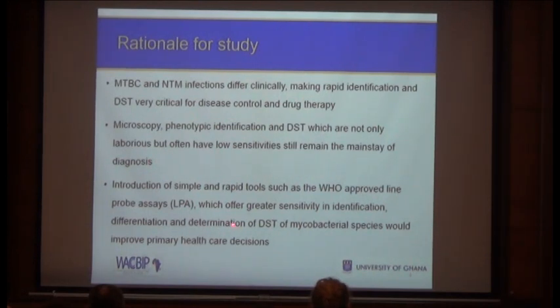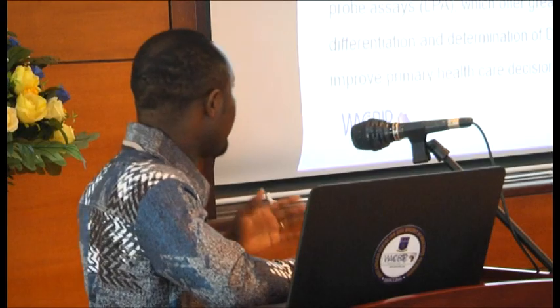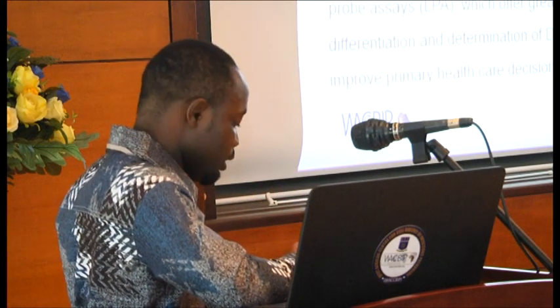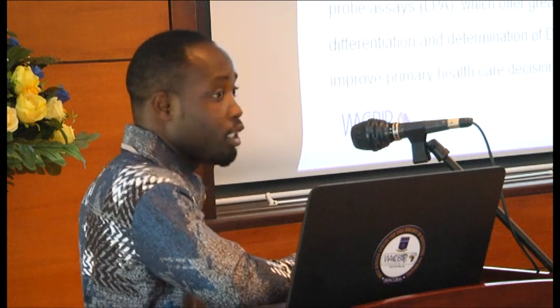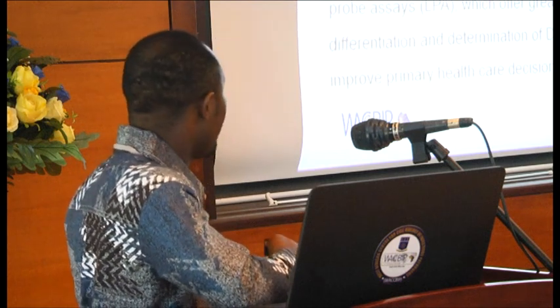But I want to say that the current methods used, microscopy and phenotypic identification, are laborious, and also they have low sensitivities. So there's the introduction of line probe assays, which are more rapid and also very sensitive, and that was what was used for this study for the differentiation and also the DST patterns for the isolates that we had through the prevalence survey.